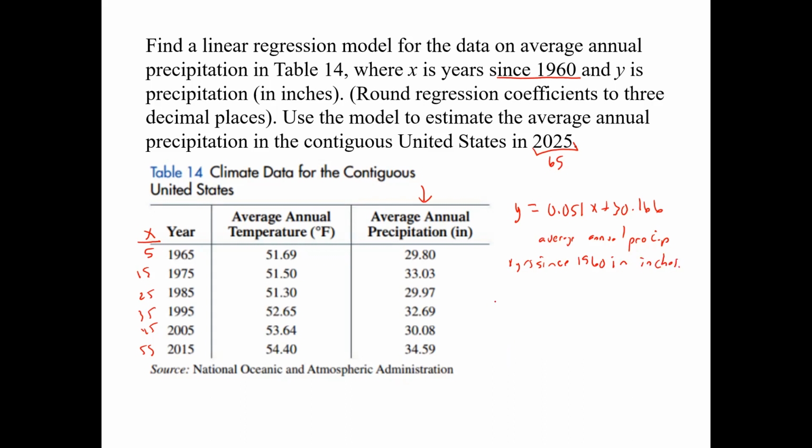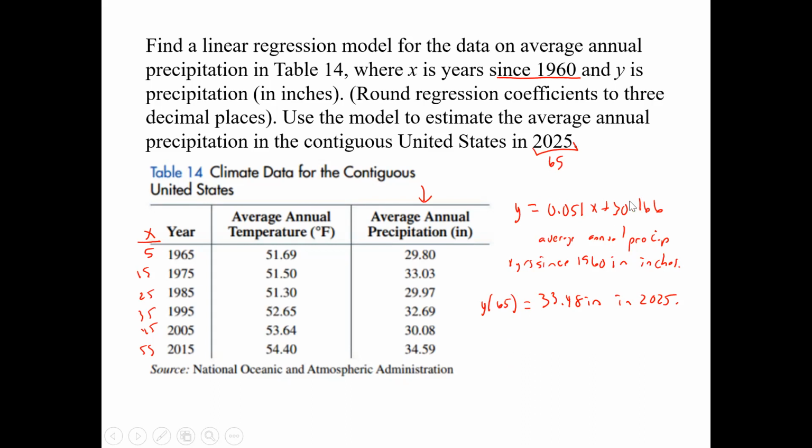And then we wanted to know what y of 65 was, and we plugged that in and did our second trace and did a value, and we got 33.48 inches in 2025. Okay, so that was how we would figure this one out. Again, there are multiple ways, but that would be the easiest way to get to our equation.